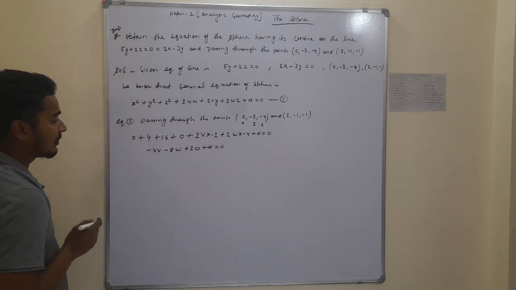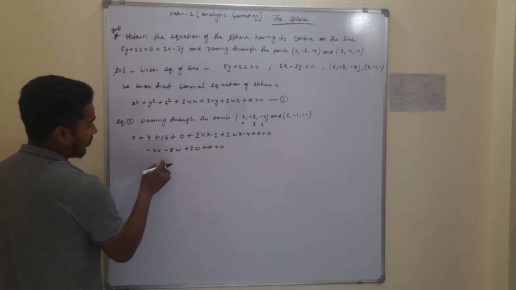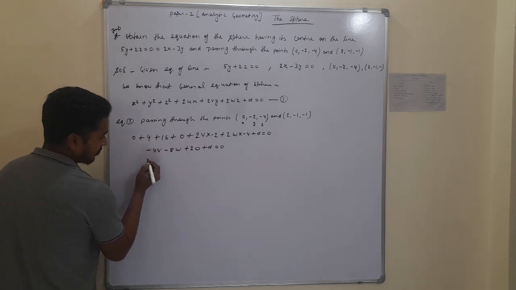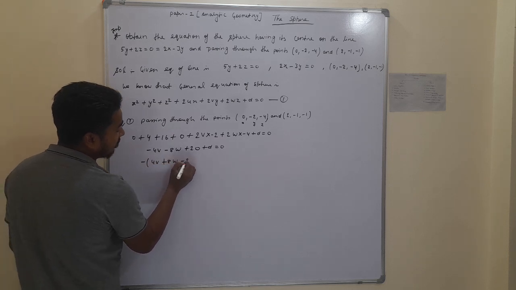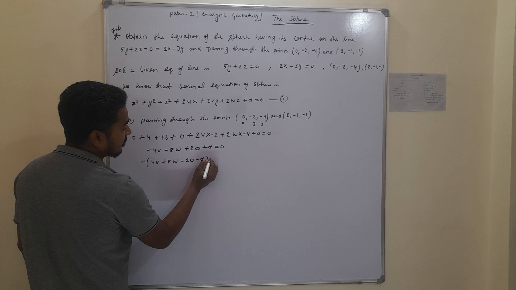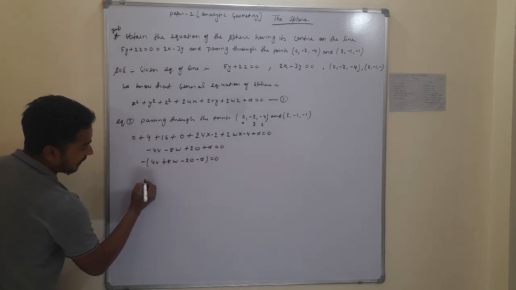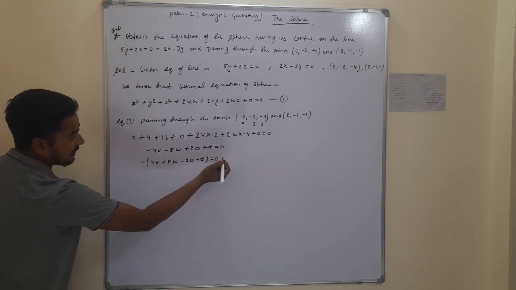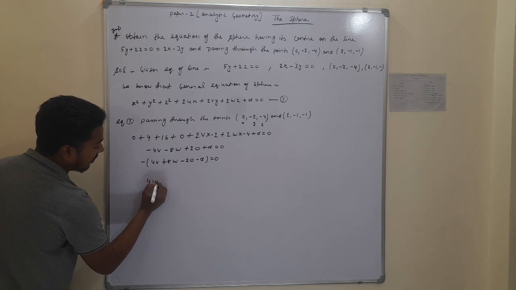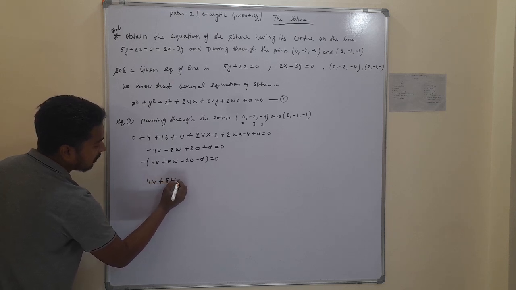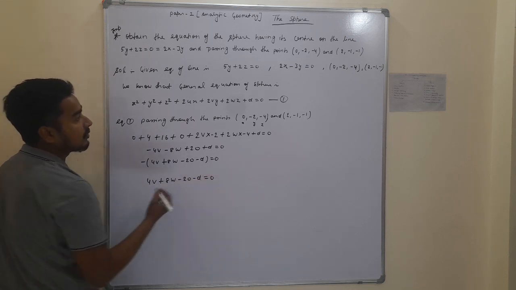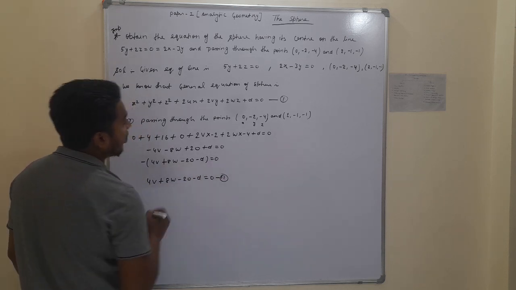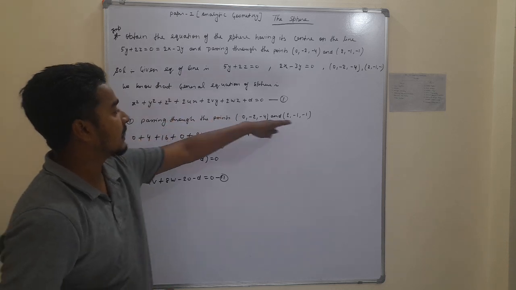Taking minus common, we get 4v plus 8w plus 20 plus d is equal to 0. Let this be equation second.